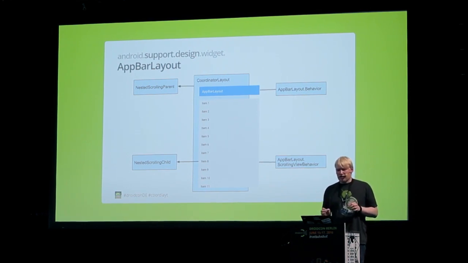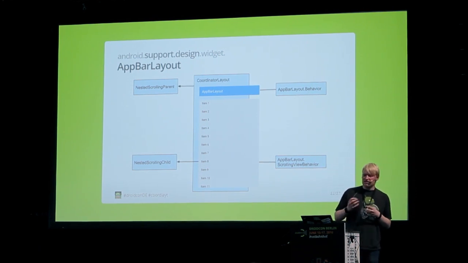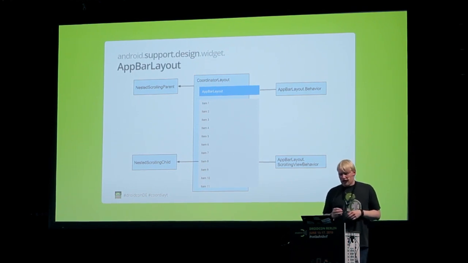So the behavior will then tell the CoordinatorLayout or the nested scrolling parent how much distance of this scrolling it used, and this will get supplied to the child again, and the distance that didn't get used, for example, when the behavior is completely scrolled out, the nested scrolling child can then use to actually apply its own scrolling.